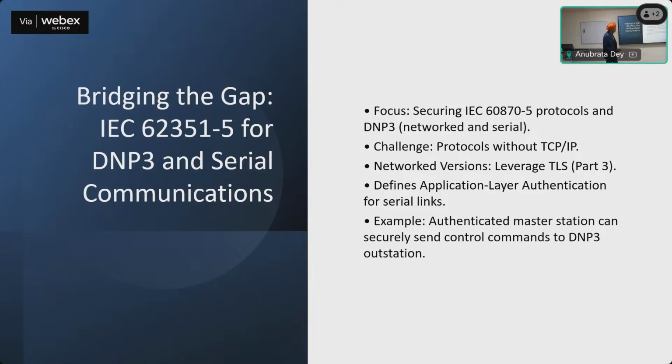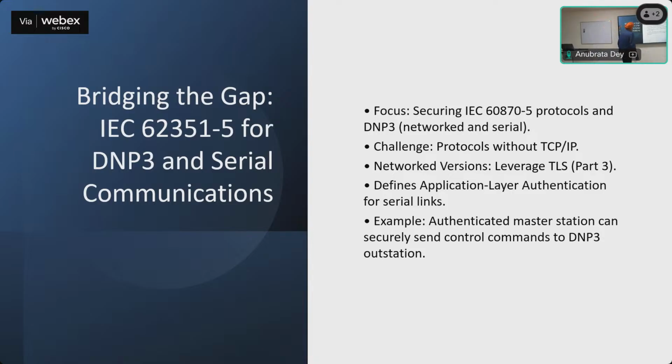Part 5 is mainly related to DNP3 and serial communication. So this standard is trying to cover various standards that are mostly used in the power industry. So DNP3 has both components, right? Serial communication, as well as the newer version actually has the networked communication, okay?